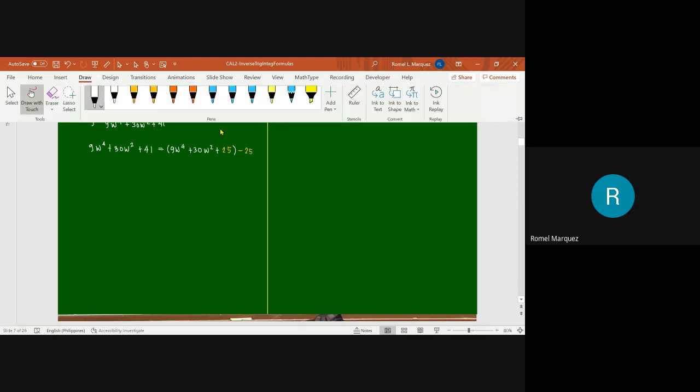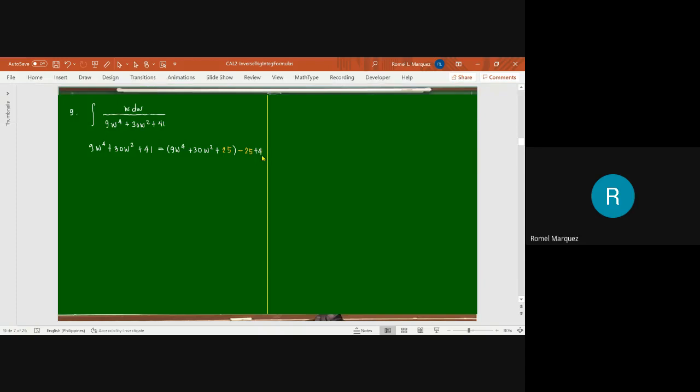And plus 41. Let's copy 41. This is now a perfect square trinomial: 3w squared plus 5, quantity squared. Plus, what is 25 minus 25 plus 41? That is 16.